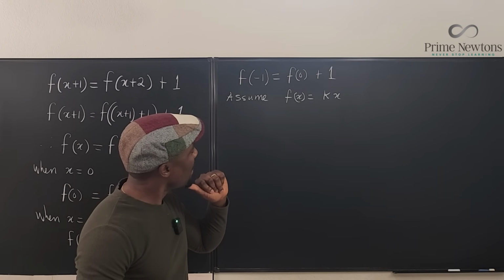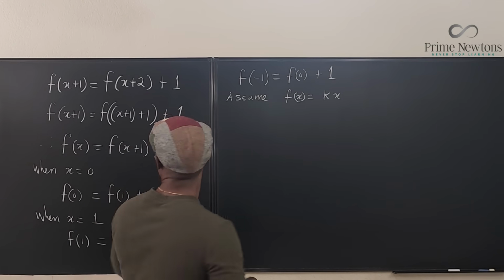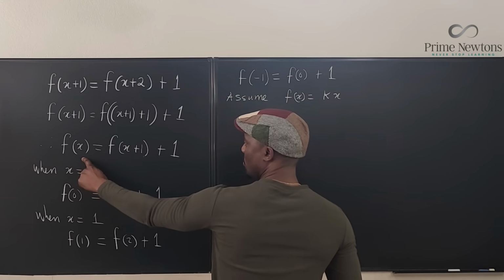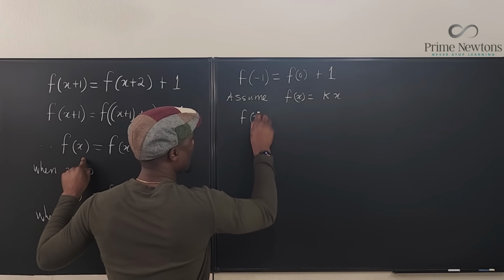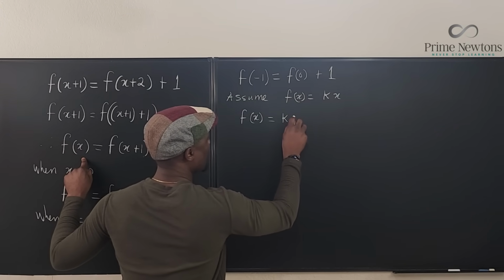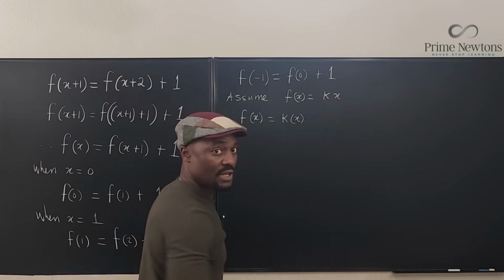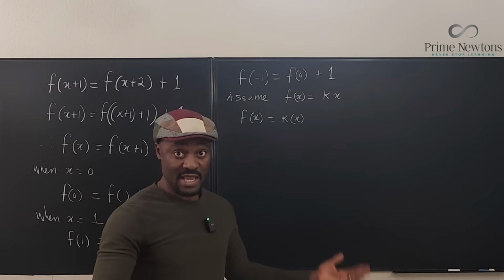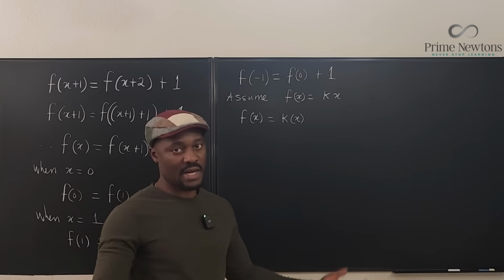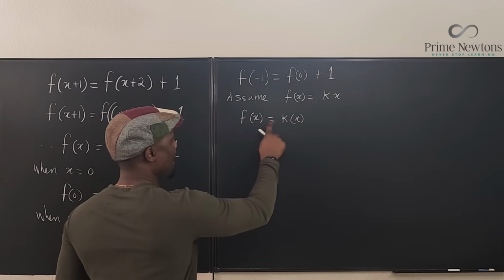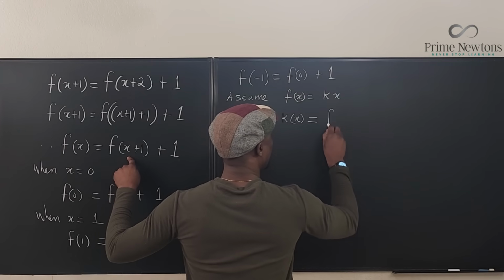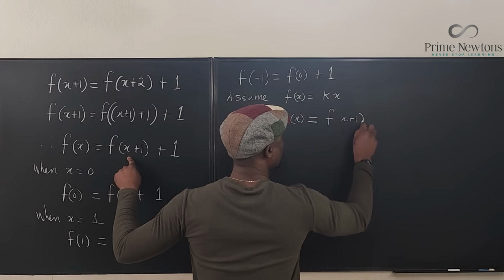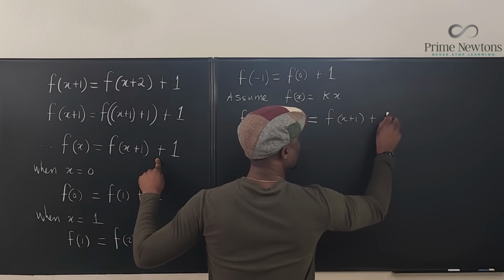Now, what you should do is go here to the original, to this one, and say, let f of x be equal to kx. We don't know if it is true, but if it is true, we're going to get an answer. If it is not true, we're not going to get an answer. So f of x equals kx, but this has been defined as f of x plus 1 plus 1.